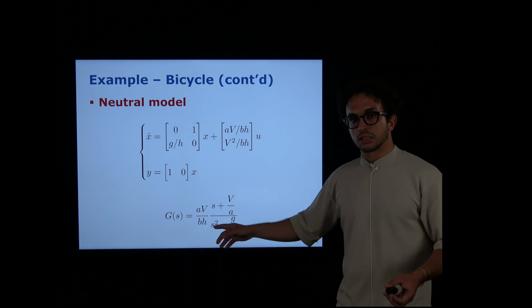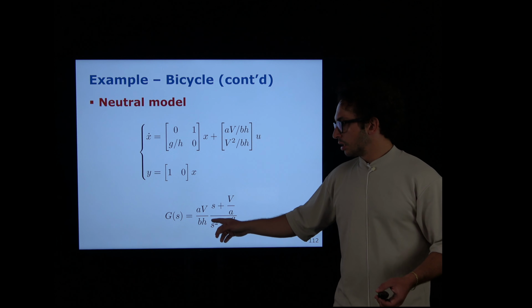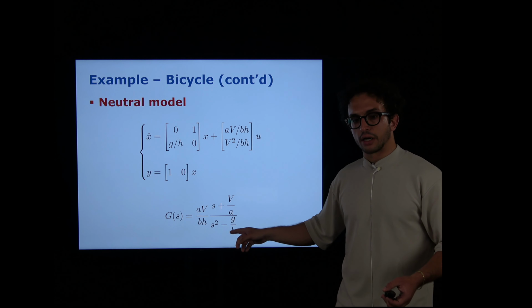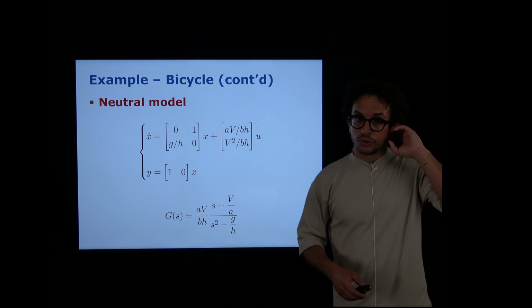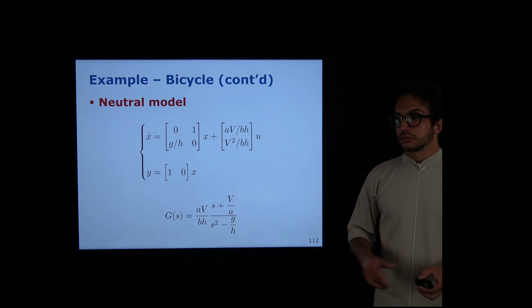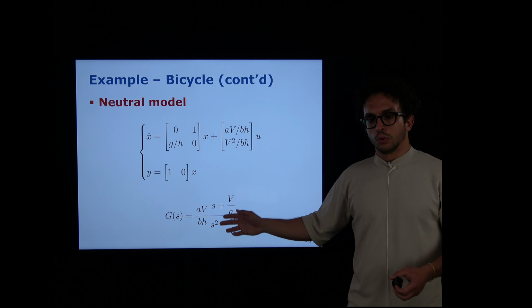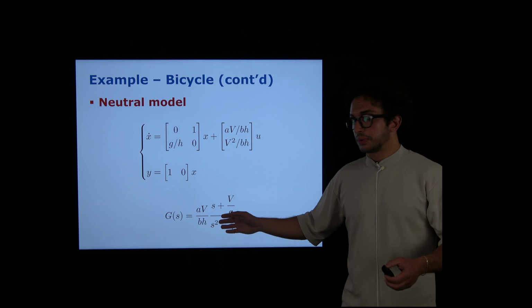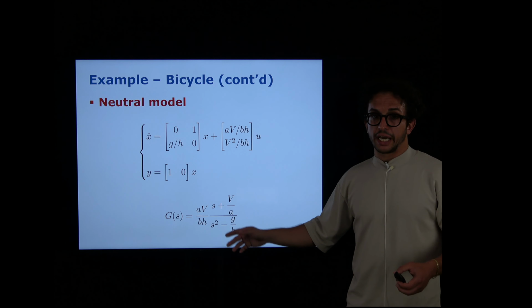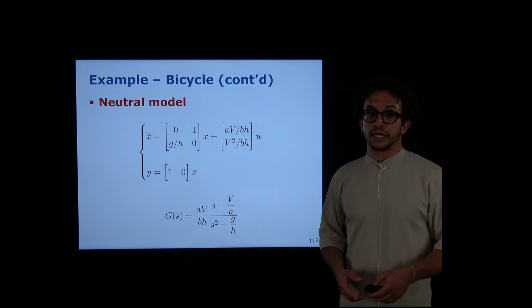But the thing is that this transfer function has two poles, because we have to put s squared minus g over h equal to 0. The poles, the solution of this, will be something like the square root of g over h and minus the square root of g over h.